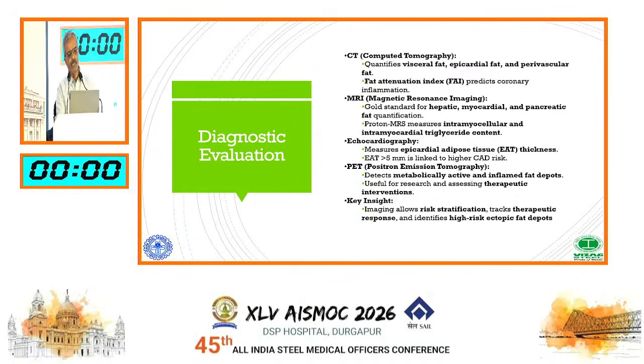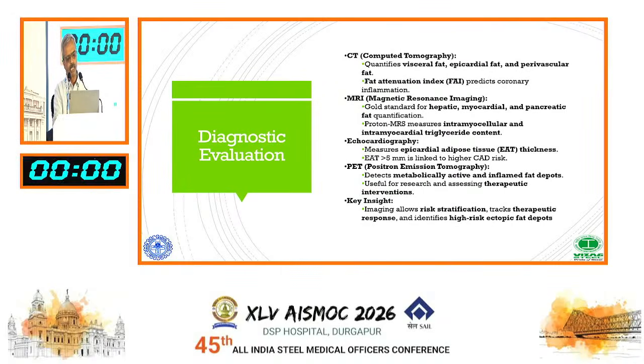Proton MRS measures intramyocellular and intramyocardial triglycerides. Echocardiography measures epicardial adipose tissue, and thickness more than 5 mm leads to higher CAD risk. Positron emission tomography detects metabolically active and inflamed fat deposits, useful for research and assessing therapeutic intervention.